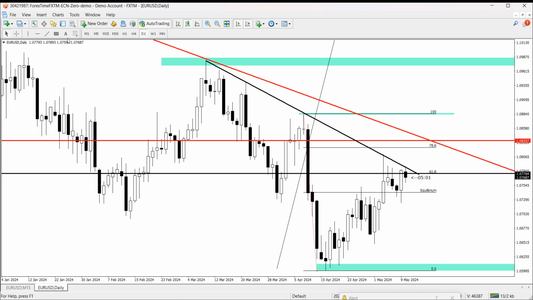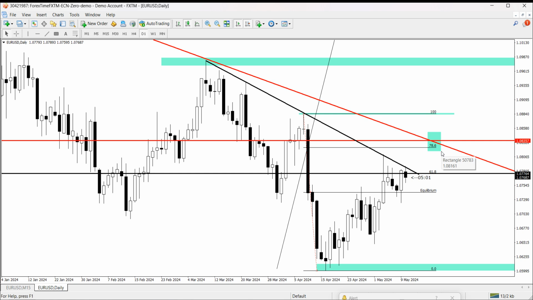We'll see that the 61.8 weekly fib zone coincides with the daily trend line. At that same point we have the 78.6 deep retracement for the daily. This is where we believe price is going to, and I'm going to show you why.